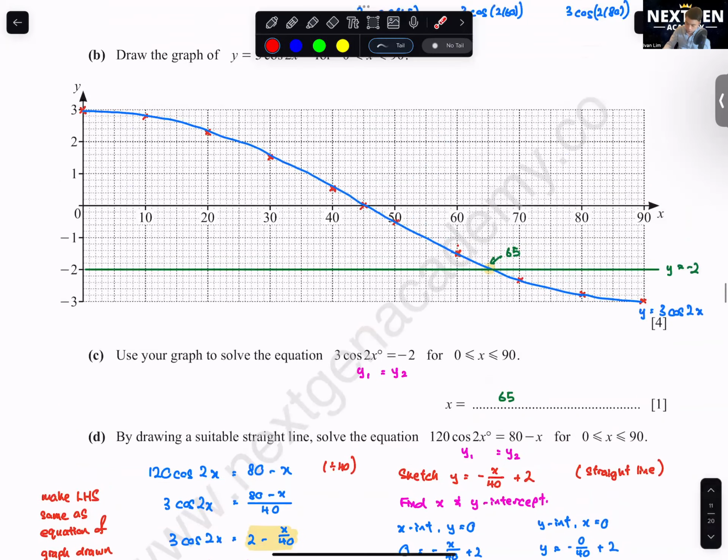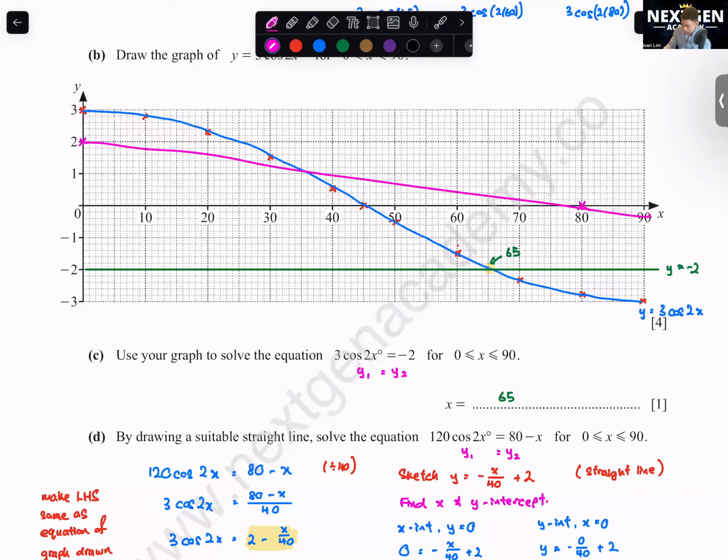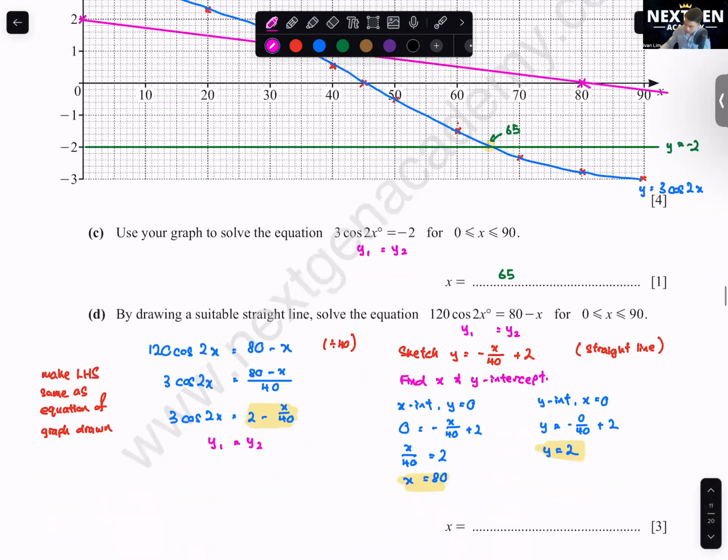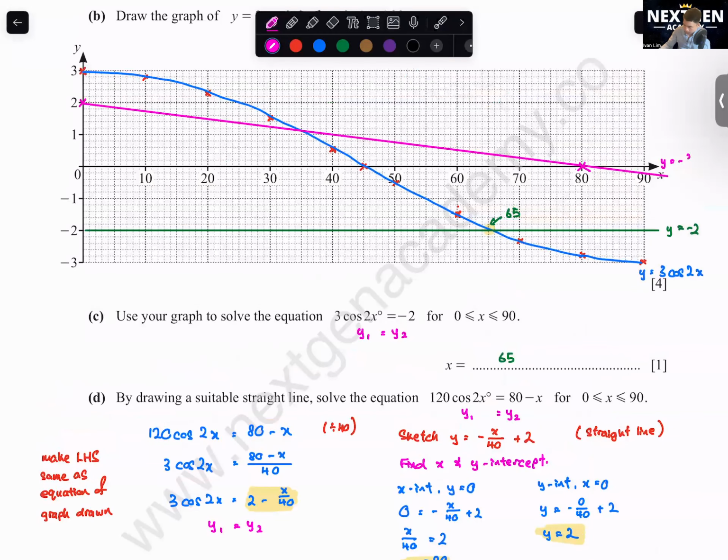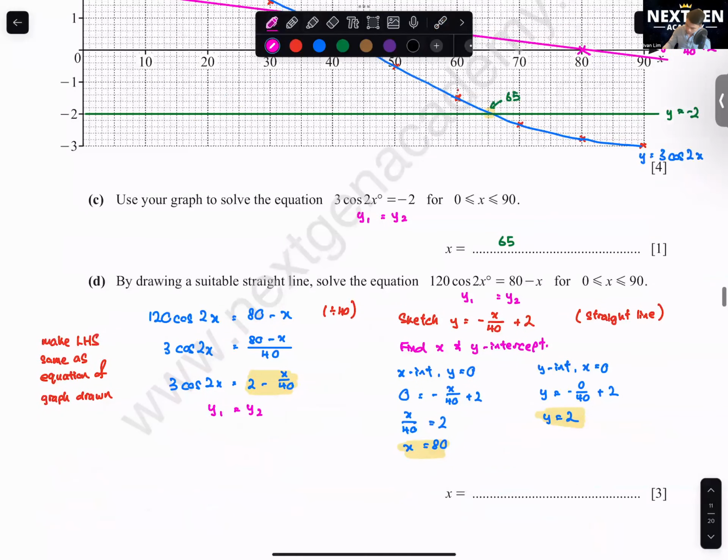80 is the x-intercept. So over here, then here, 2. We draw a line. Use your ruler, draw a line. This pink color line will be y equals to negative x over 40 plus 2. Then what we want to find is where is the point of intersection. The last step is, this one is step 1, step 2, then step 3, find point of intersection.